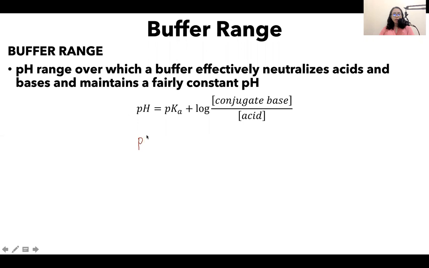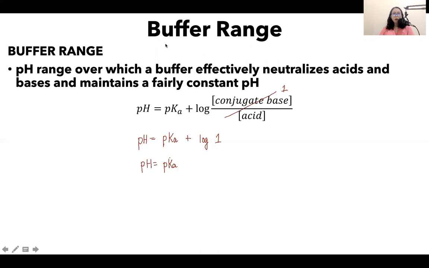If these two are equal, then this ratio is equal to 1. So we have pH equals pKa plus logarithm 1. But what is the value of logarithm 1? It's 0, right? So if we have a buffer with equal concentrations of the conjugate base and the weak acid, then we expect that the pH of that solution is just equal to the pKa of the weak acid.